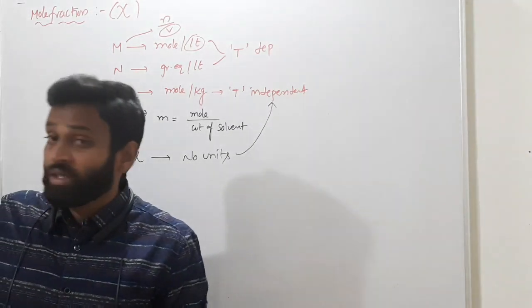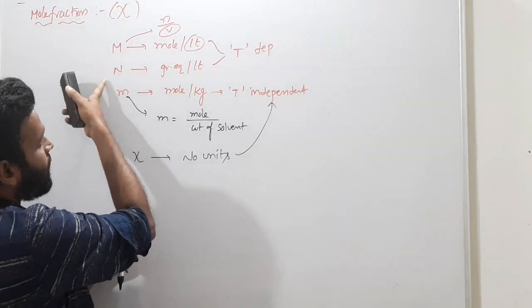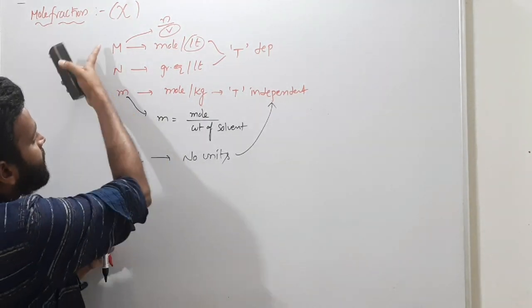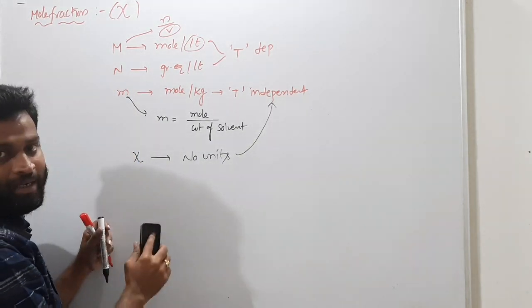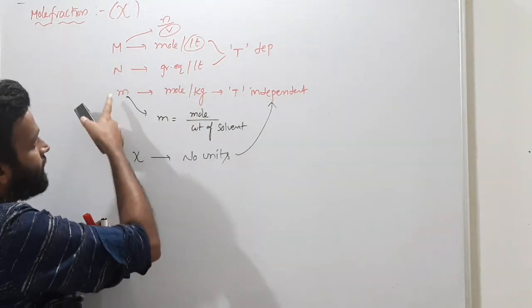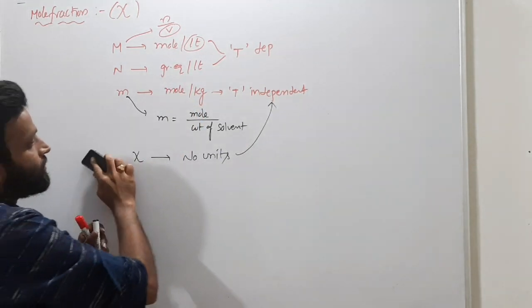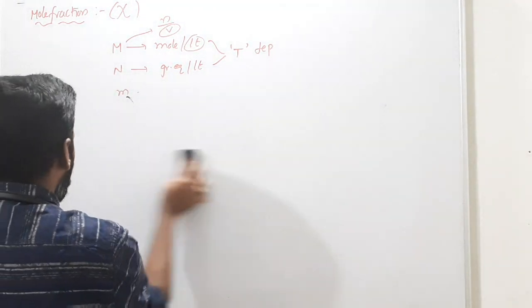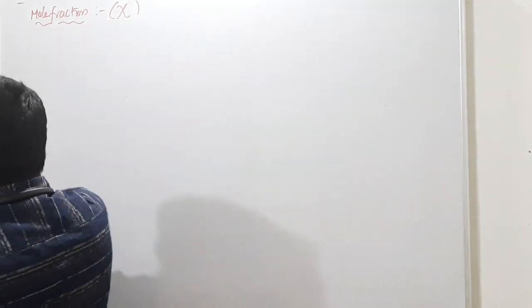So these four things are very important: please remember the units of molarity, normality, molality and mole fraction. Two of these are temperature dependent and two are temperature independent. I have given the reason clearly, so just go through that. Now I'll explain what exactly mole fraction is.